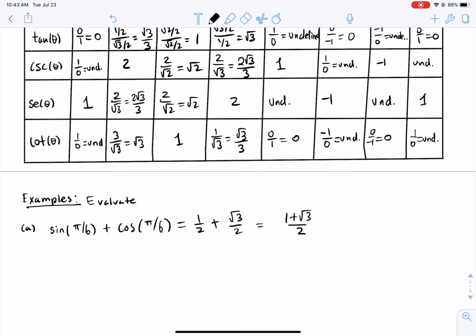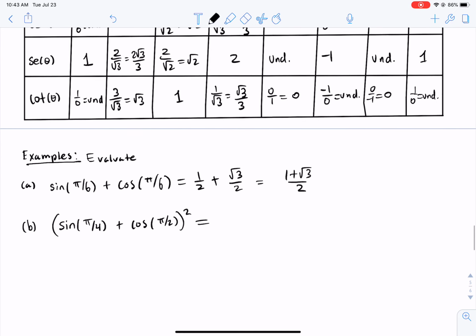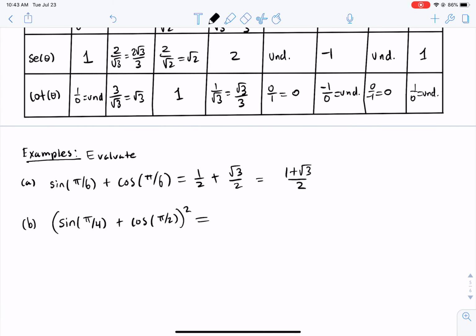But we get that. What about this one right here, B? What would be sine of pi over 4 plus cosine of pi over 2, all of these squared? To evaluate this, what is sine of pi over 4?